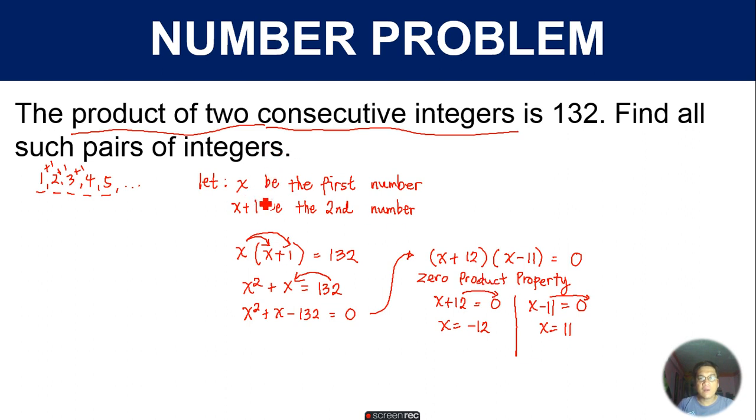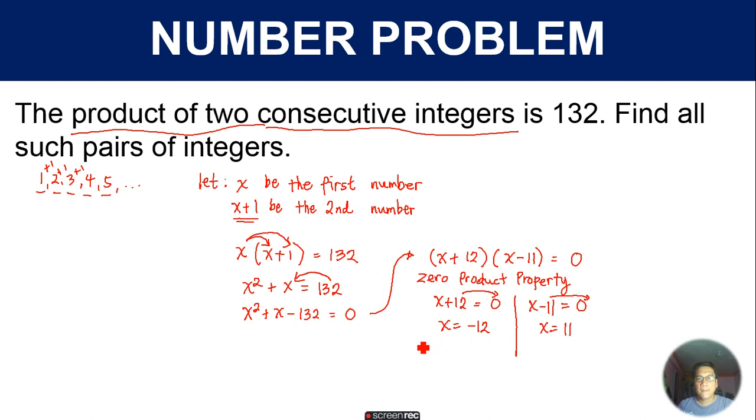So, that will be our first number. Our first number is x. Now, how do we get the second number? Go back to the representation. Your second number is x plus 1. So, what do you do with the x? You just add 1.